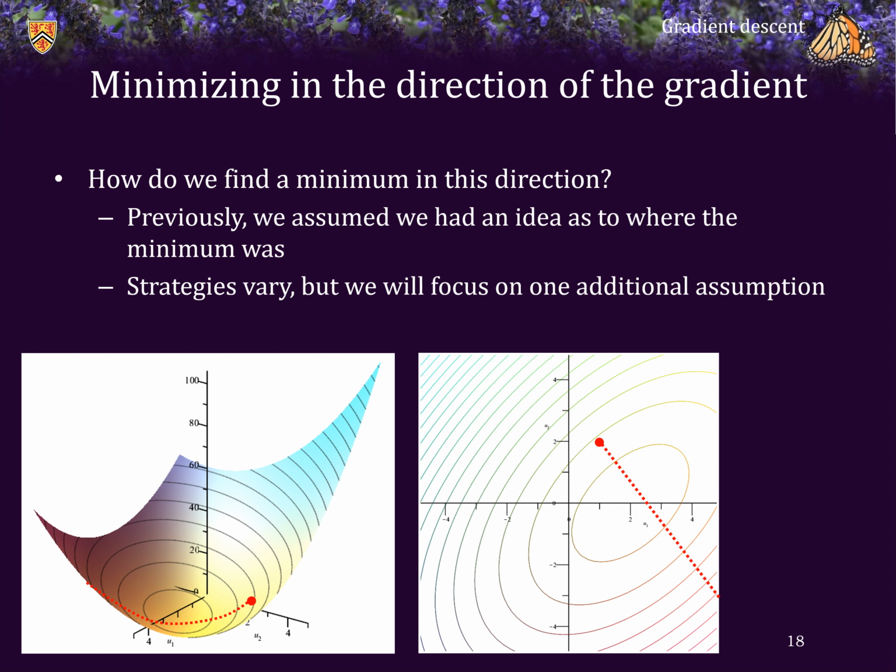Well, there are strategies that can be used, and you can look these up online or in any textbook, but we're going to focus on making one additional assumption that allows us to take a shortcut to finding that local minimum, even if it is very far away.